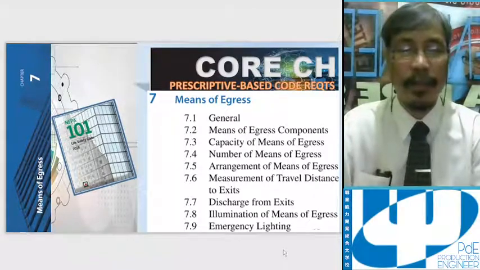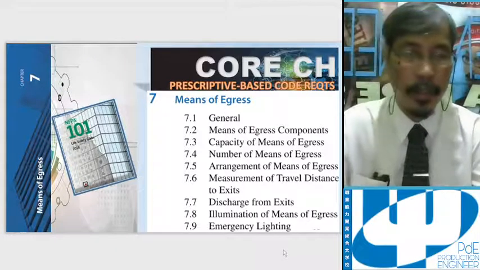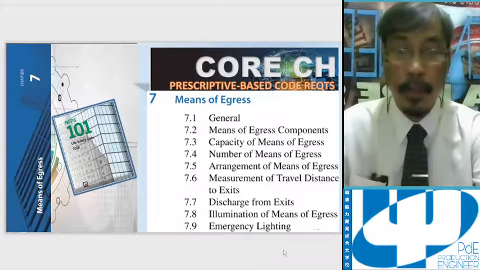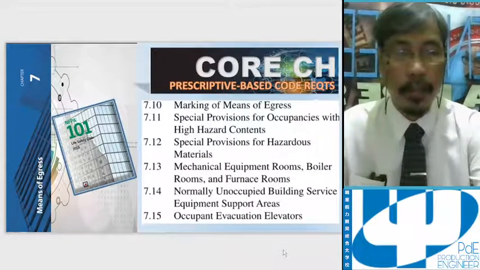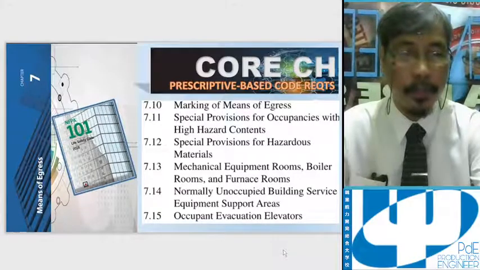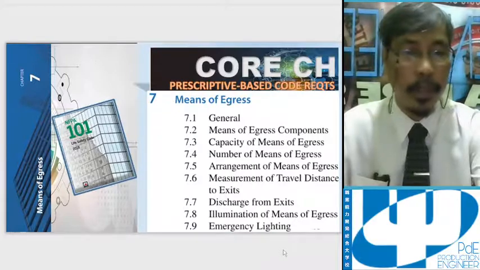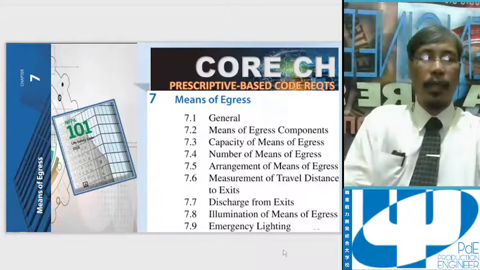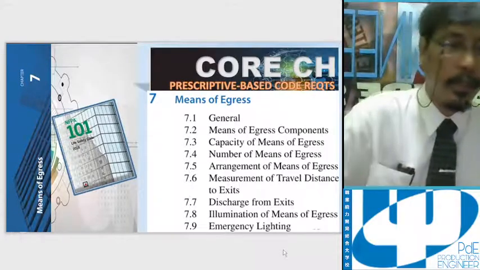So means of egress, there are several chapters, up to chapter 15. We have so many things to discuss on this chapter. Means of egress, very important, very long chapter.